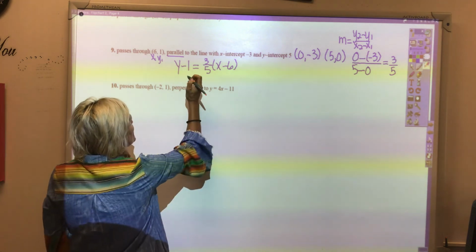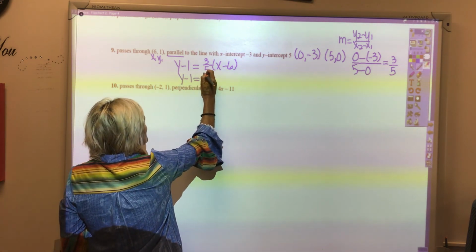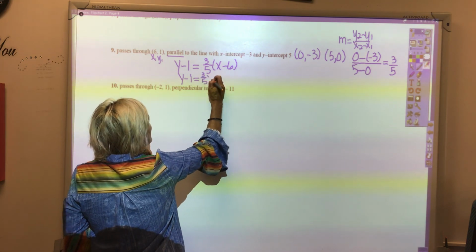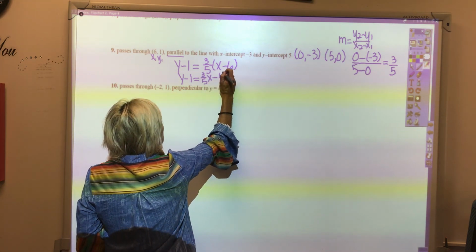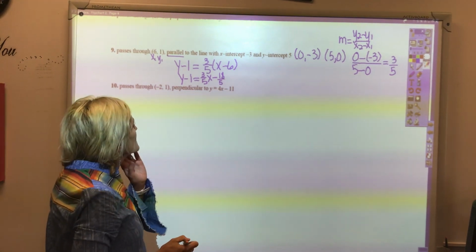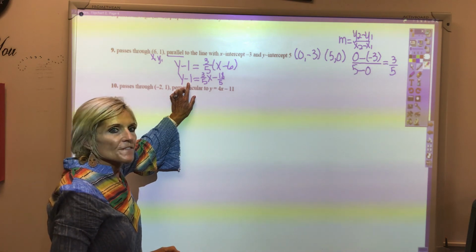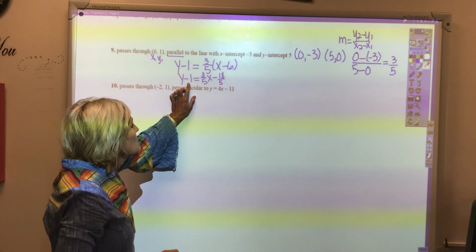We'll distribute through. We'll have y minus 1 equals 3/5 x minus 18/5. If we add 1 to both sides, we could also say we're adding 5/5 to both sides.